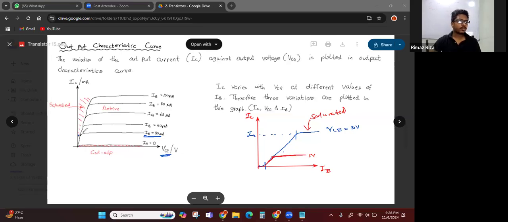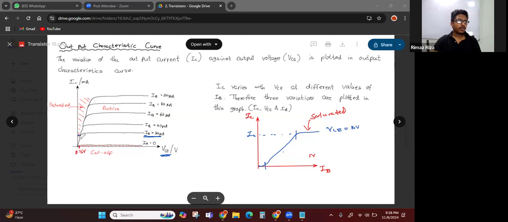So you can see in this graph, this region means the VCE is a very small value. For example, for 20 microampere, VCE could be around 1 volt, maybe something like 0.5 volt.